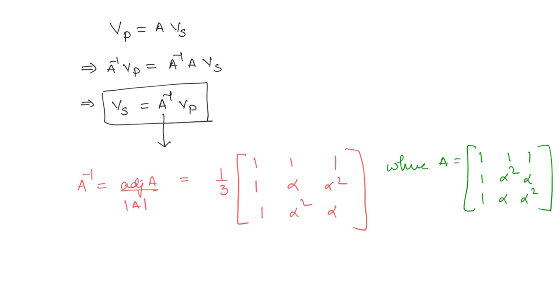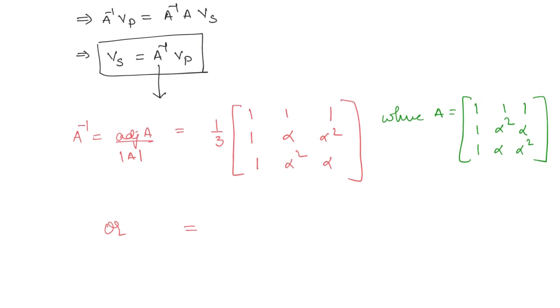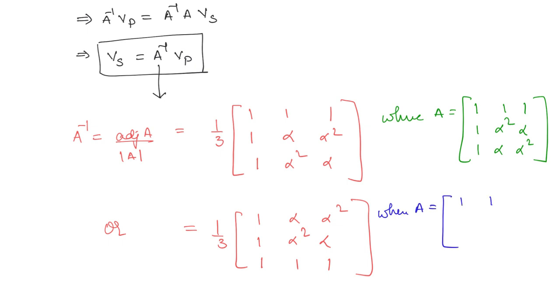For the other A also we will write what is A inverse. This is equal to 1 by 3 times 1 alpha alpha square, 1 alpha square alpha, 1 1 1, where A is equal to 1 1 1, alpha square alpha 1, alpha alpha square 1.